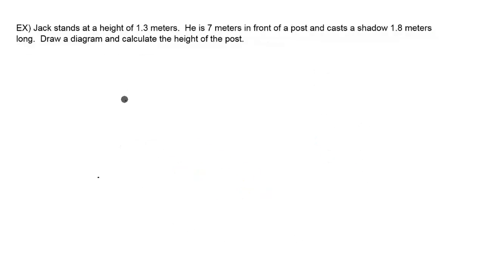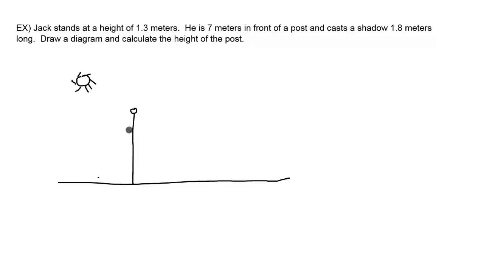Okay, in this example, we have another situation with some shadows. So I'm going to go ahead and draw a sun in here, and I'm going to draw the ground. And we have a post, right? There's my post. And there's going to be a shadow from the post. So let's just say my green line here is the shadow of the post.